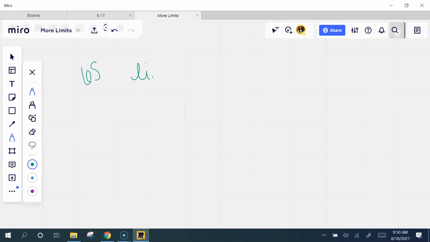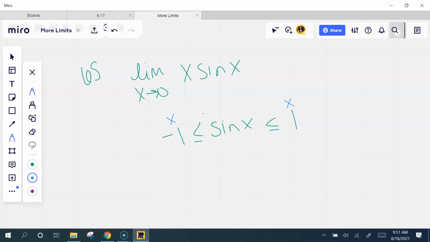Number 65 asks you for the limit as x approaches 0 of x sine x. It asks you to use the sandwich theorem to confirm your answer. So I'm going to put that sine x in between 1 and -1, and then multiply by x, multiply by x, multiply by x.